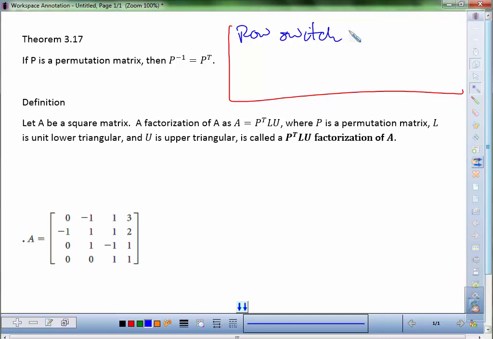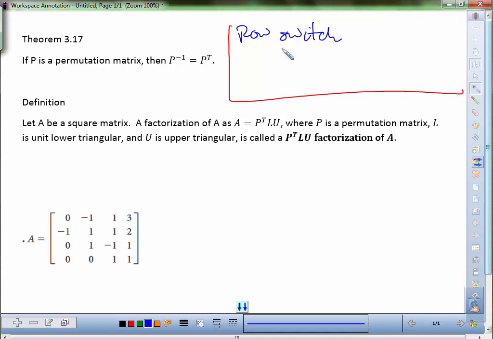Well, switching a row is an elementary row operation, and there might be some cases where we need to switch more than one time. And so it turned out that the product of those switches is called a permutation matrix.